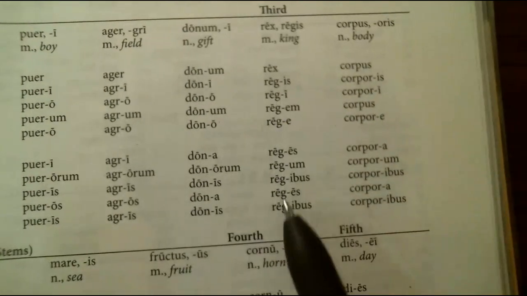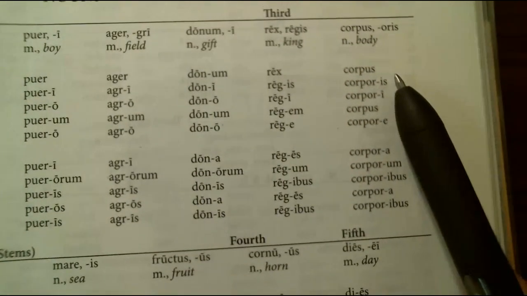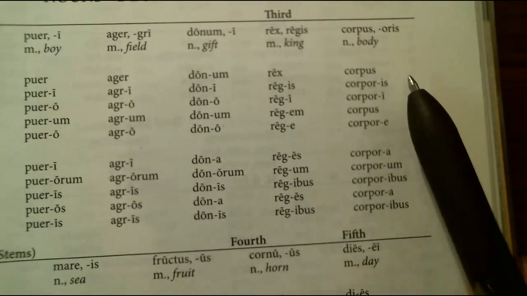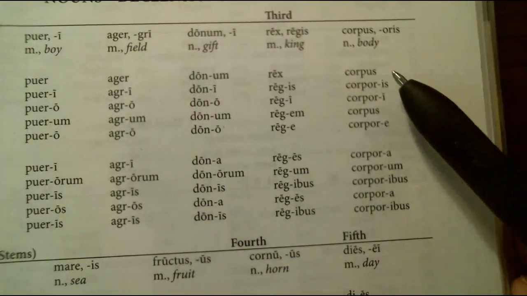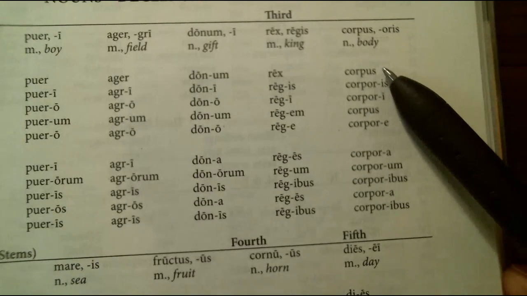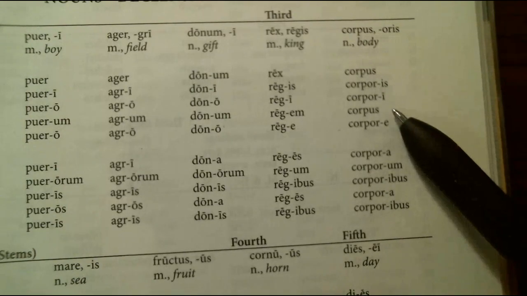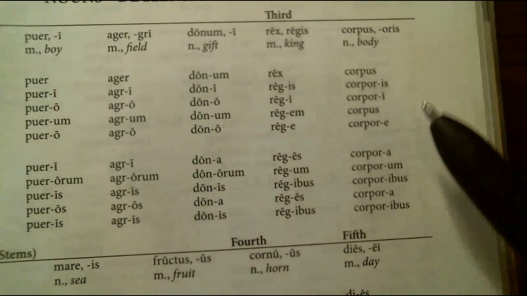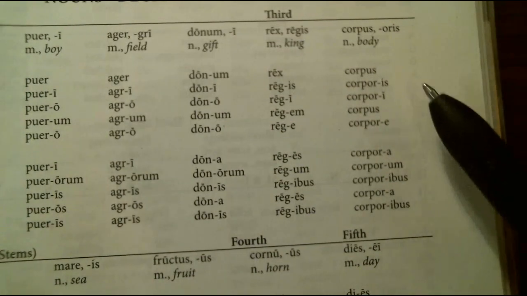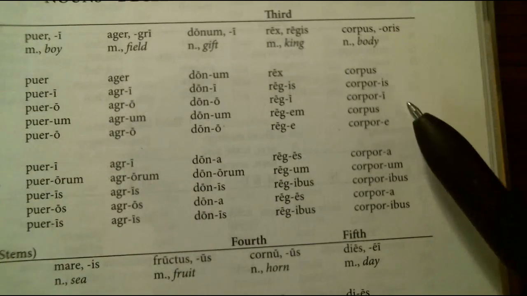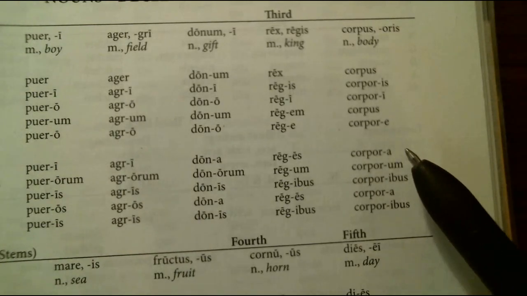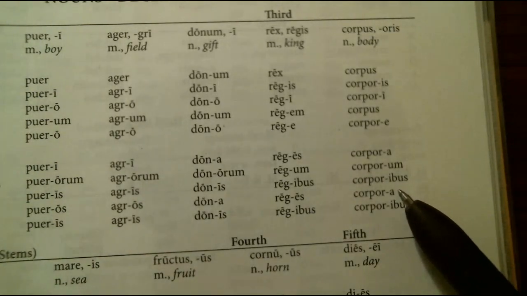And then, again, it's basically the same in the neuter also, as well as in the feminine. But they provide the neuter because the neuter is the same in the nominative and accusative for both the singular and the plural, right? So you have us, a, right? For corpus means body. Corpora, right? So that's the difference there.